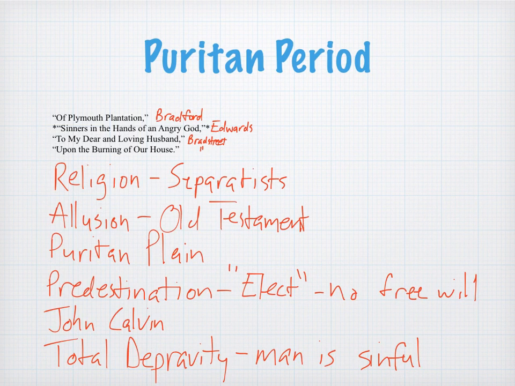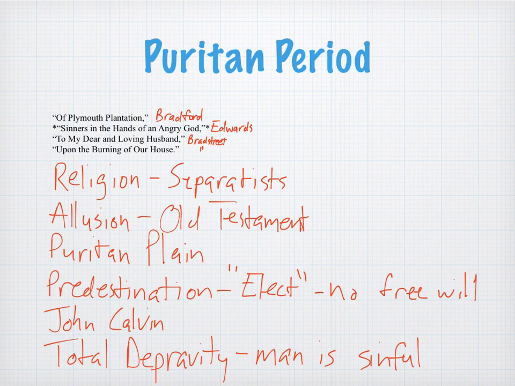And one of the major beliefs of Calvinism that we keep coming back to, or of Puritanism we keep coming back to, is this idea of total depravity. This is a very doom and gloom philosophy, a very doom and gloom religion, and that's seen best in Edwards. Man is sinful. We are all imperfect, and given enough time, we will all fall from grace.